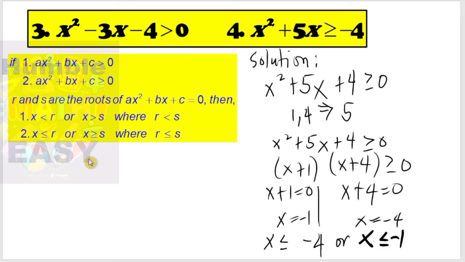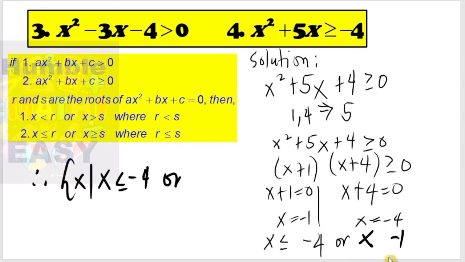And so, if we could have now the final answer for this, so therefore we could say further that the set of all x such that x is less than or equal to negative 4, or I stand corrected here, this should be greater than or equal to. Okay, we have now that there, so we have greater than or equal to negative 1 as the answer.